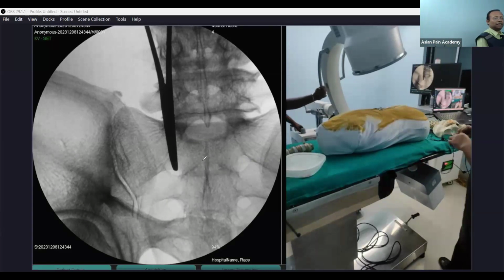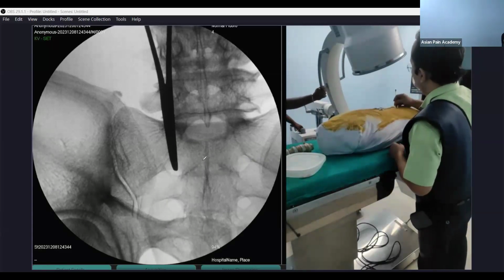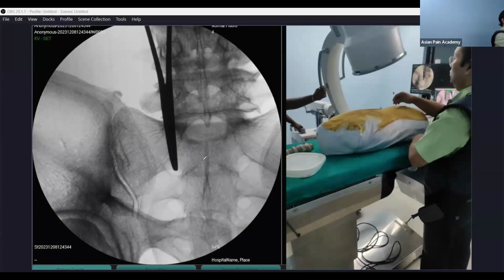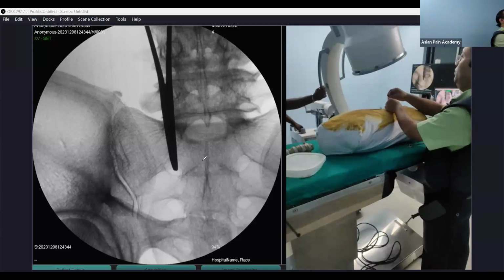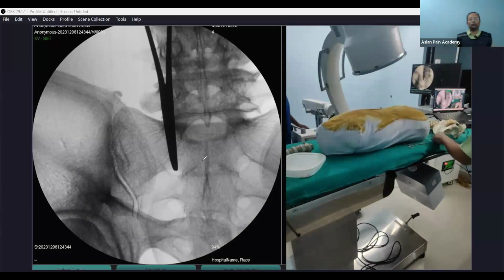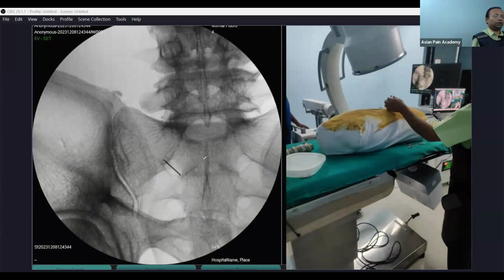Okay, so just at the tip of the forceps, I can go and I will make this procedure also a tunnel view approach. Shoot. Going a bit more.